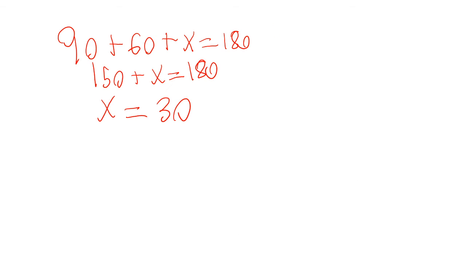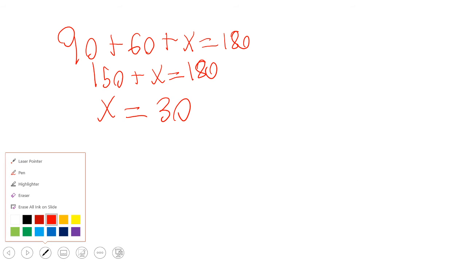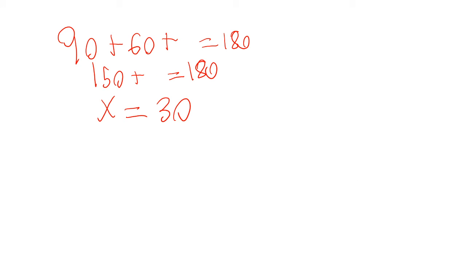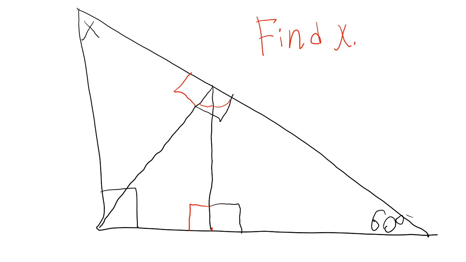That's not actually x in our diagram, so I should label this something else. I'll call it theta. Okay, there we go. So let's go back here. Now we know that this is 30 degrees.